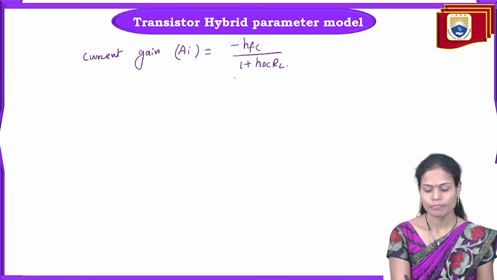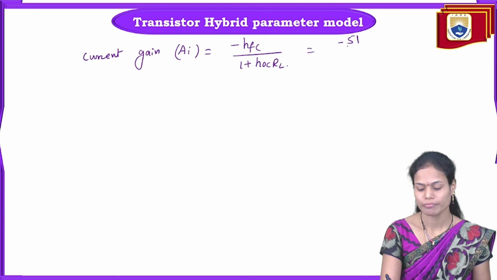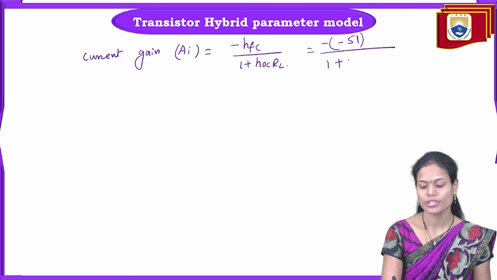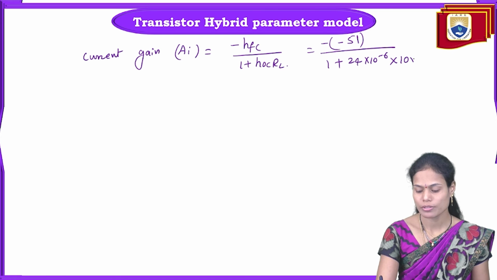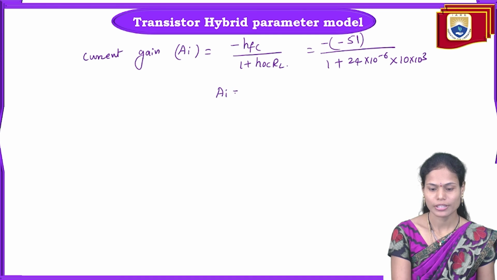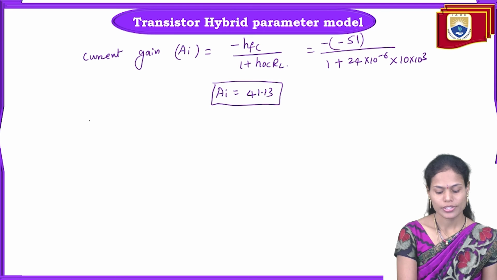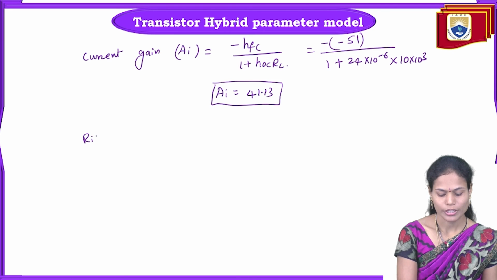Here it is minus of minus 51, divided by 1 plus HOC value, 25 into 10 power minus 6, times the load resistance of 10 kilo ohms, that is 10 into 10 power 3. If we simplify this, we will get 41.13. So this is the current gain. Next, we need to find the input resistance RI.